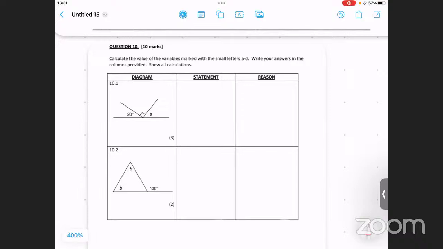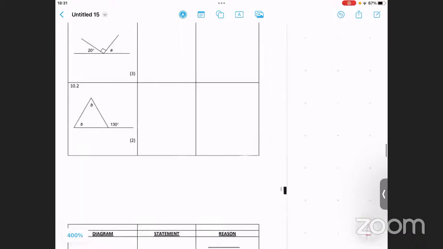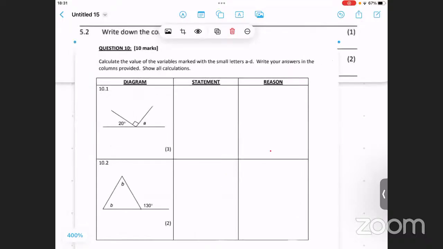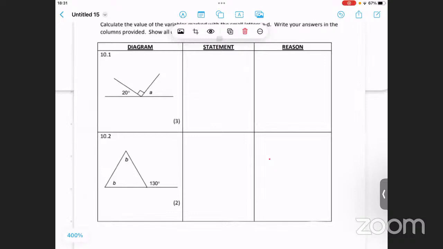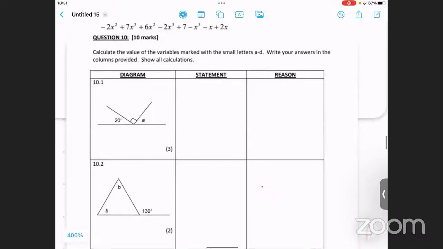Ma'am, would we say the statement, would it be 20 degrees plus 90 degrees plus A equals 180 degrees? And then the reason would be angles on a straight line. Perfect. I just want to enlarge this. Are you guys able to see?